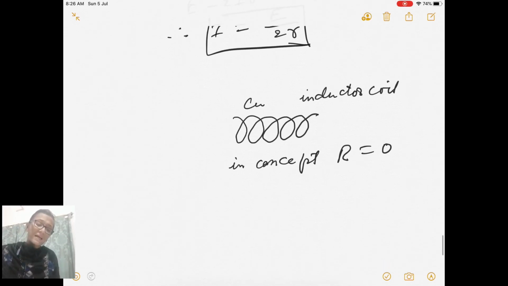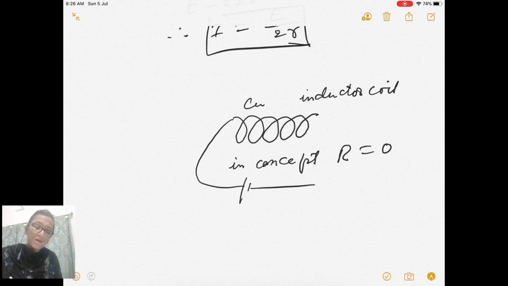Okay, so what is back EMF? If current goes on changing, magnetic field associated with current also goes on changing, and this changing magnetic field induces an EMF. That EMF opposes the cause itself. If EMF induced is E dash, it will oppose the cause EMF E. So the two EMF will be in opposite direction.